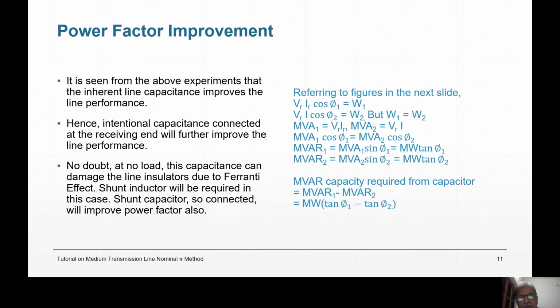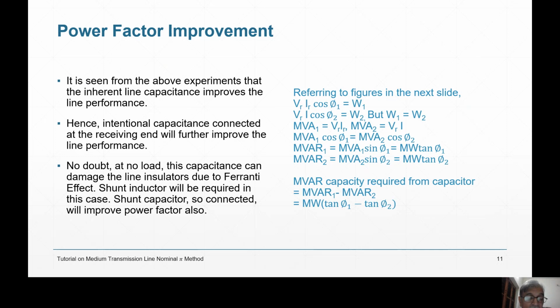And as I told you, because you are connecting capacitance, the power factor gets improved. And if the power factor is improved, your MVA requirement towards the sending end will reduce. MVA at the receiving end is one. At the sending end, if capacitance is not there, it will be more. But here, less MVA requirement will be there.